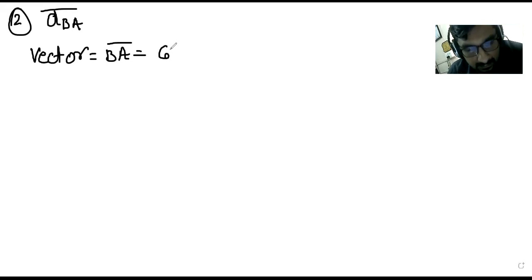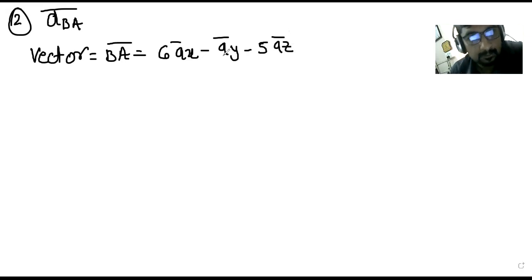It's 6 a bar x minus a bar y minus 5 a bar z. You just cross check and tell me whether it is correct or wrong.